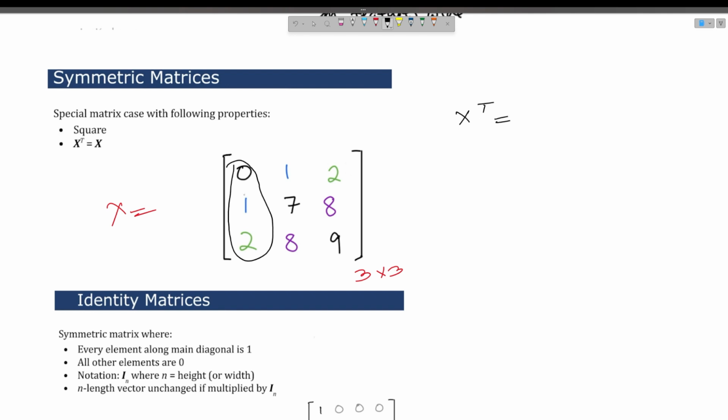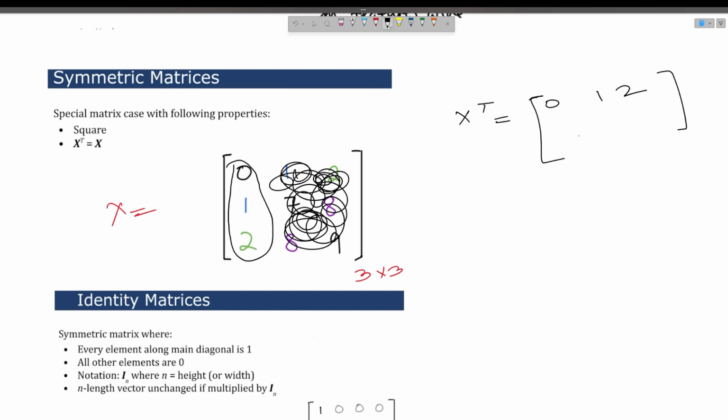The first column in X should be the first row here. Just assume that we have 0 1 2. Transpose is basically from column to row. This is a column, and we will just make it a row. 0 1 2 transpose, that's it. If it's in column format, we'll take it to row format. 0 1 2 became 0 1 2 in this format.